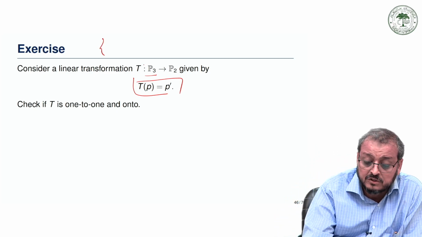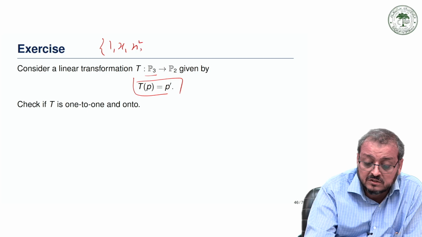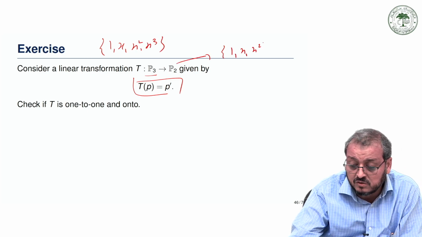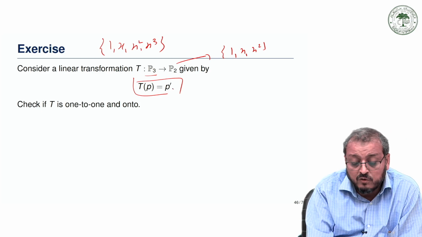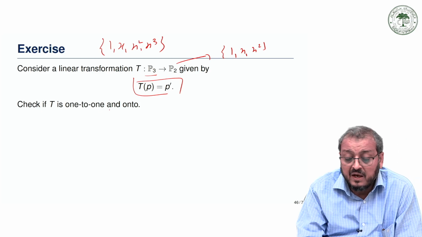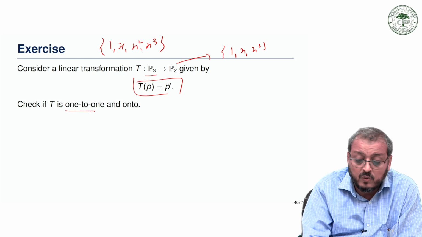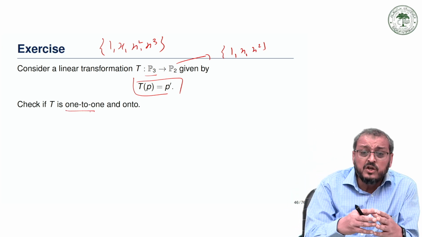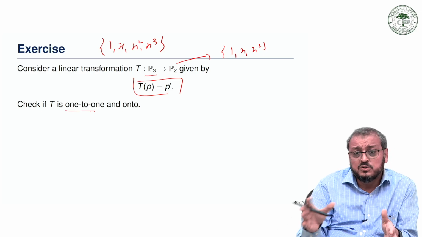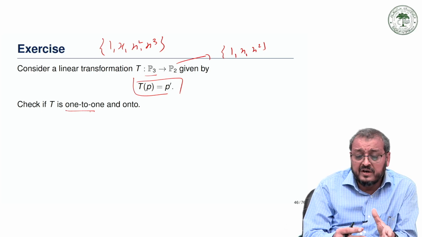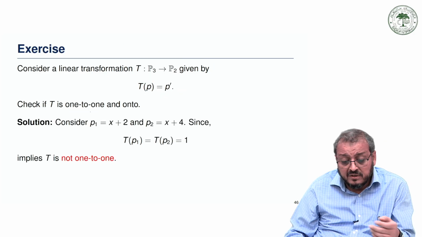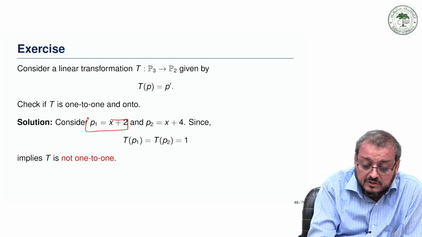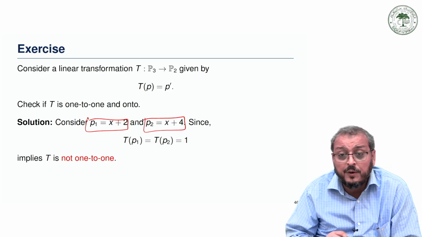We take the standard basis of P3, which is 1, x, x squared and x cubed, and the standard basis of P2, which is 1, x, x squared. To check one-to-one, we have to show that two different elements give different images. So consider two different elements, P1 equal to x plus 2 and P2 equal to x plus 4.